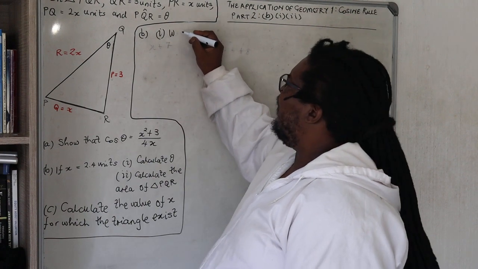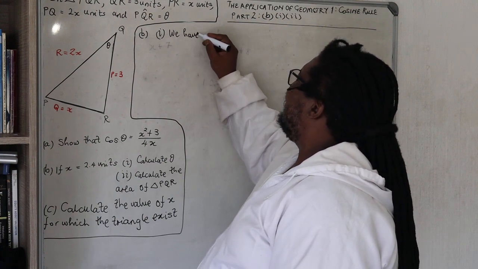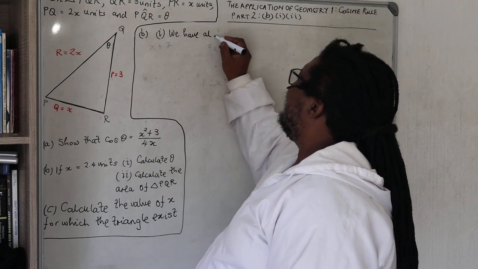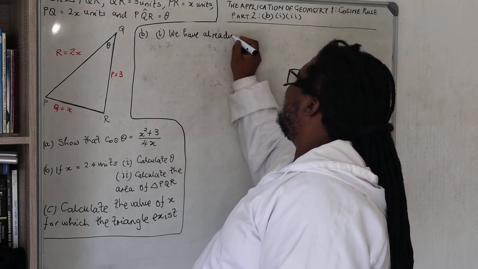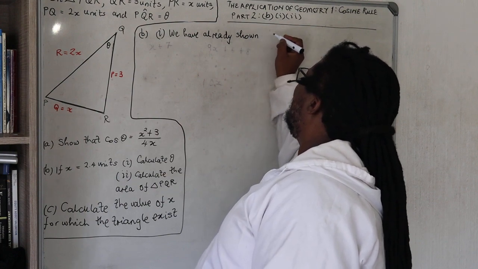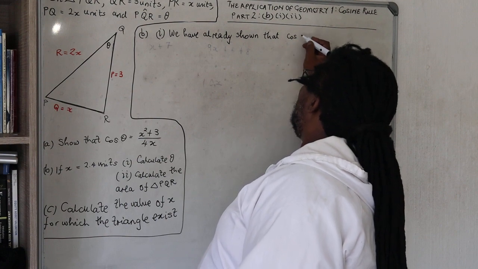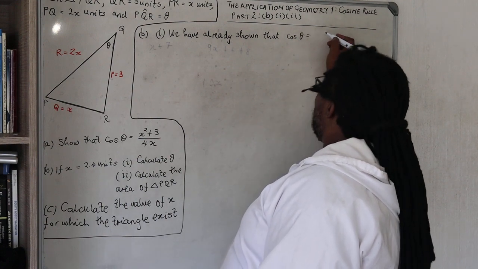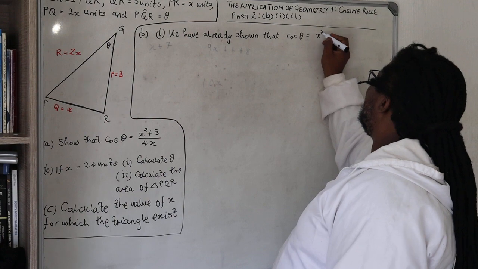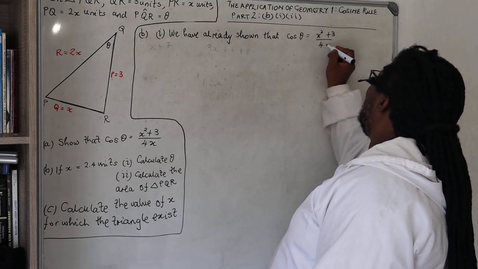We have already shown that cos theta equals x squared plus 3 over 4x.